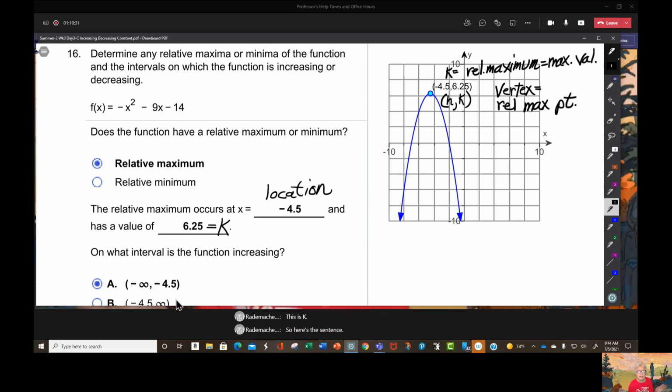The relative maximum occurs at x equals negative 4.5, and has a value of 6.25. The vertex of a parabola is just another relative maximum point, or if you have a cupped up parabola, relative minimum point.